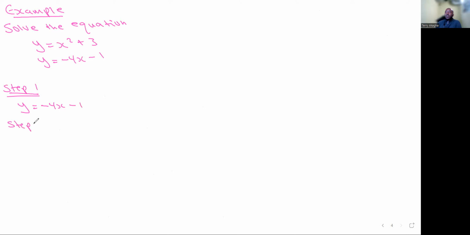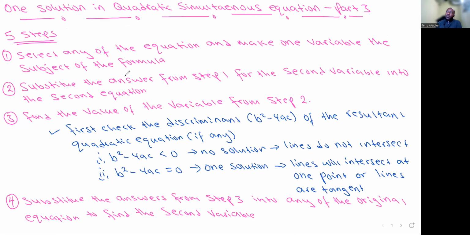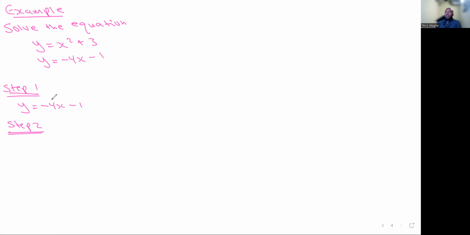Step 2. We're now told to substitute the answer from step 1 for the second variable into the second equation. The second equation we have there is y is equal to x squared plus 3. The y is now minus 4x minus 1 is equal to x squared plus 3.